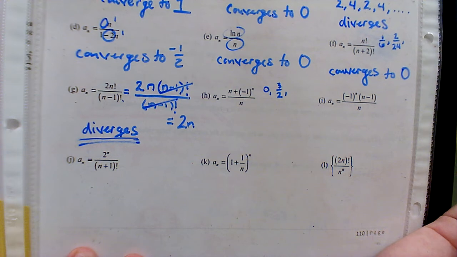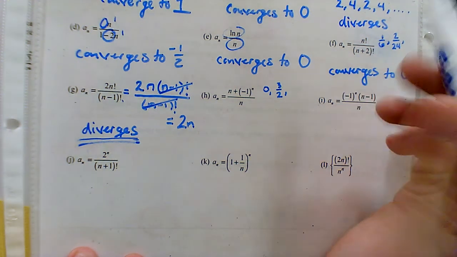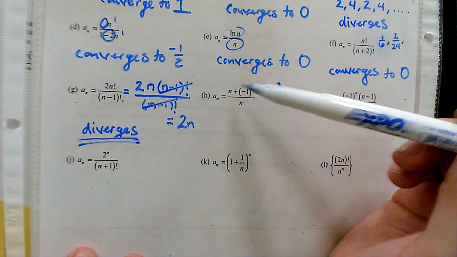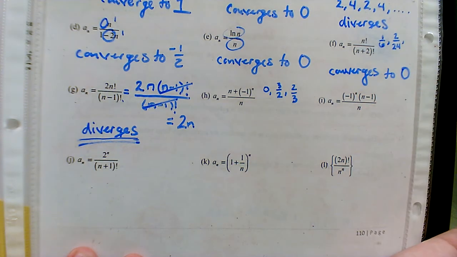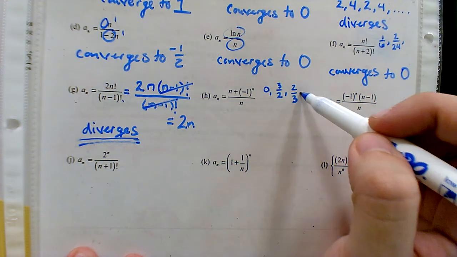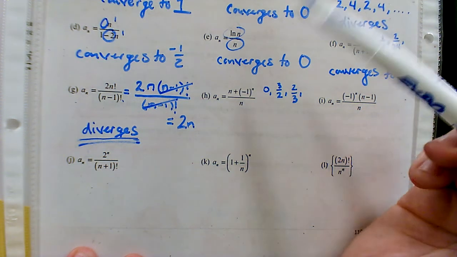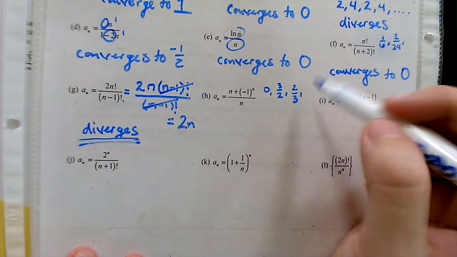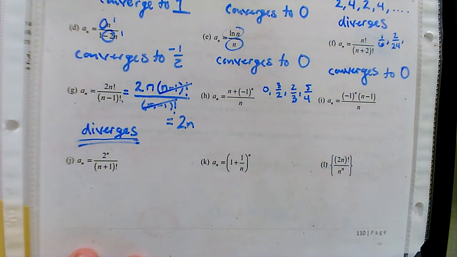If we plug in 3, we'll have 3 minus 1, which is 2, over 3. If we plug in 4, 4 plus 1 is 5, over 4. You might have to keep going to kind of see it.